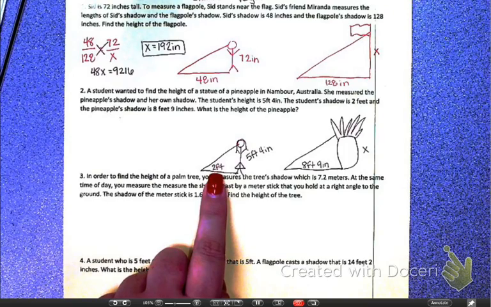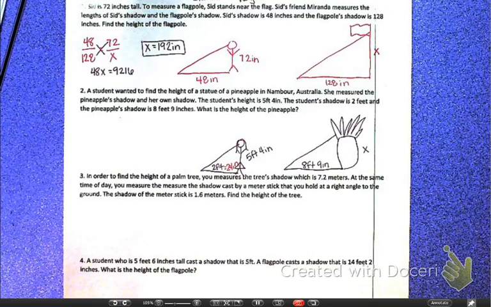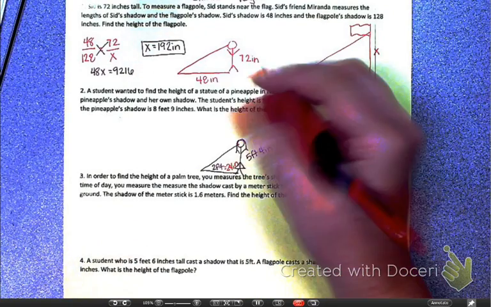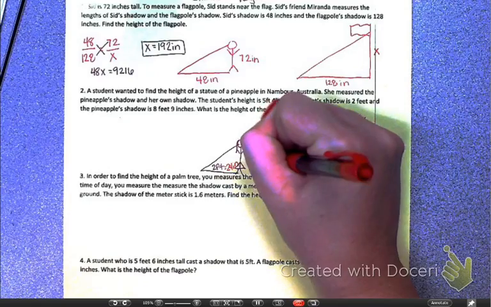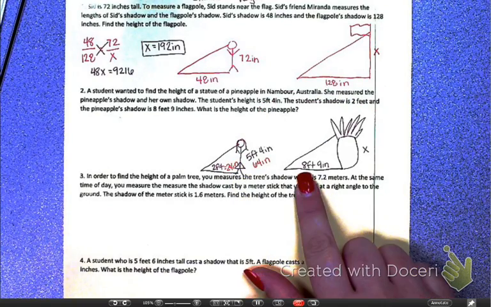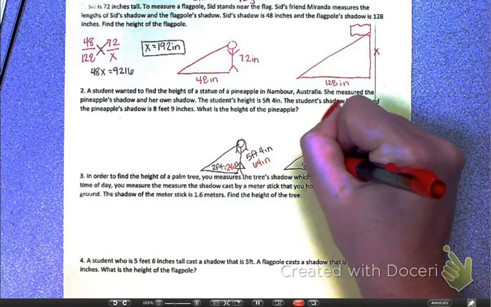24 inches. 2 times 12 is 24. So I have 24 inches. 5 times 12 is 60 plus 4 is 64 inches. And 8 times 12, 96 plus 9 is 105 inches.